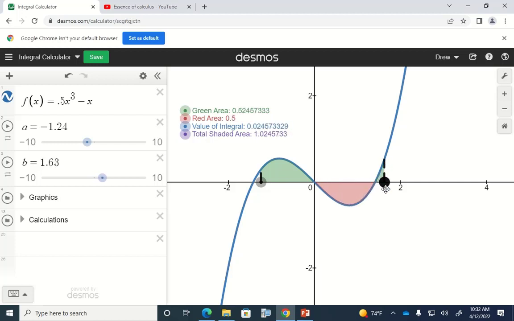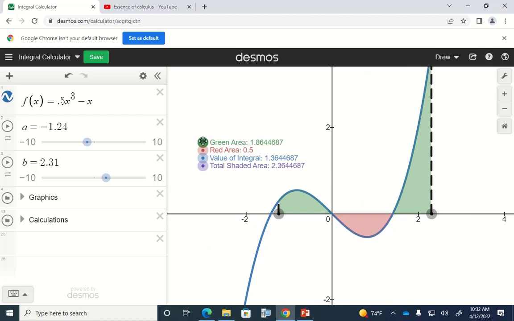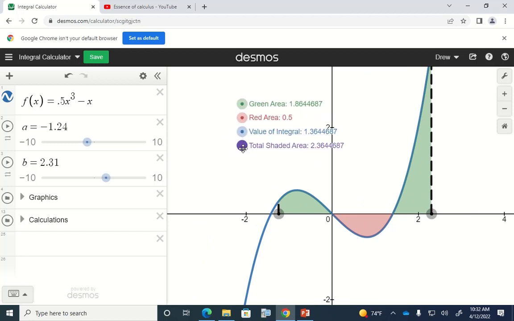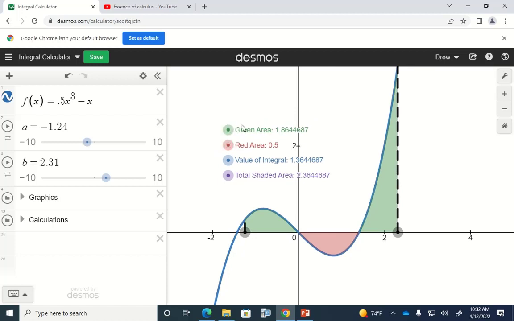And then it's going to start going up again as I add more positive area. So basically, if you have a question about the total area bound between a curve and the x-axis, that's not necessarily as easy as just taking your definite integral.